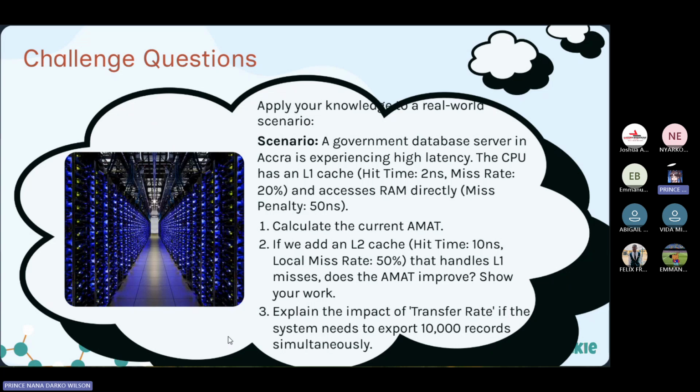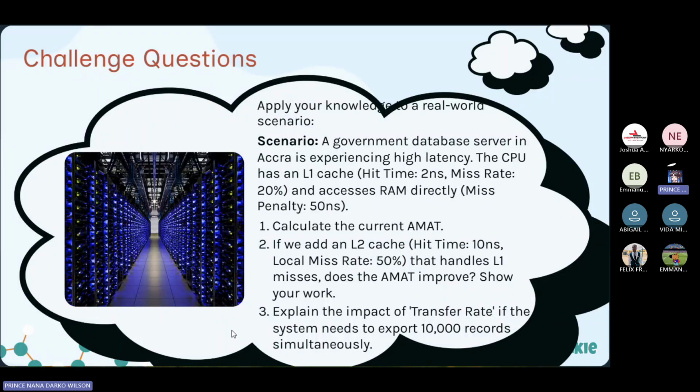However, if we have high transfer rates and high latency, memory access time will be slow. And if we have low bandwidth, the channel through which we are transporting data is also small. So pushing 10,000 records simultaneously will take a very long time to complete.